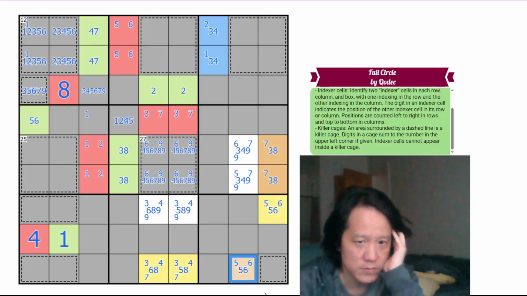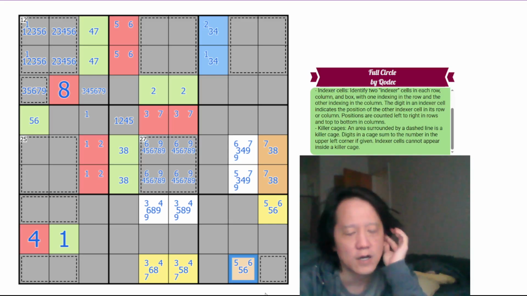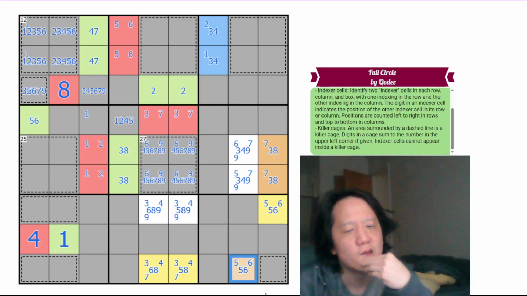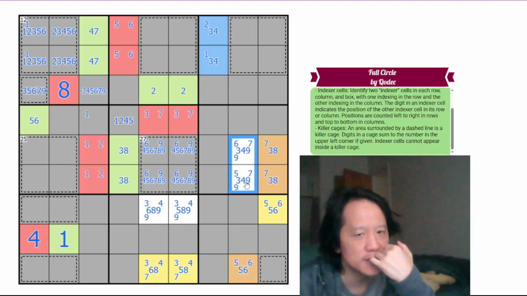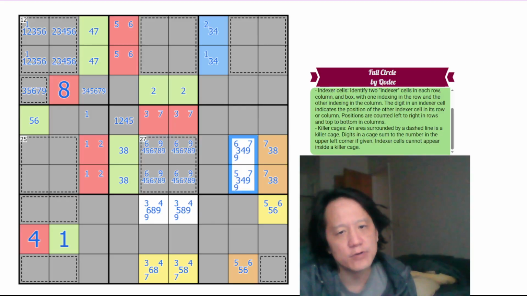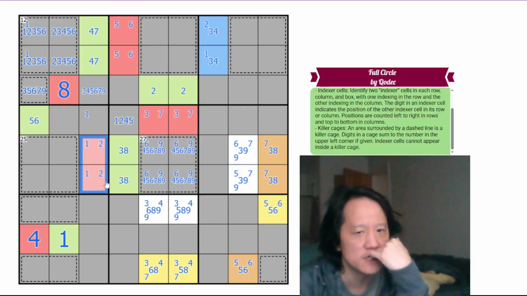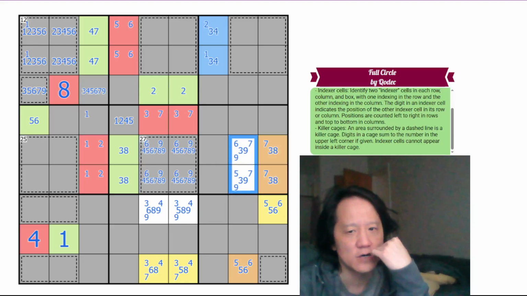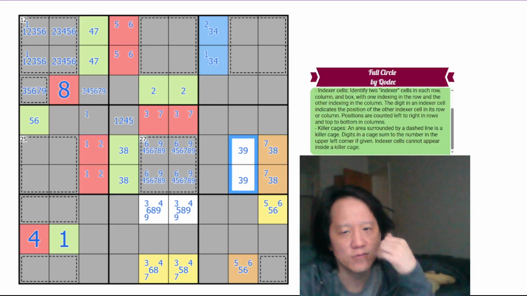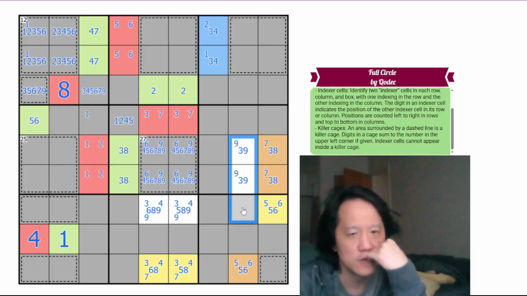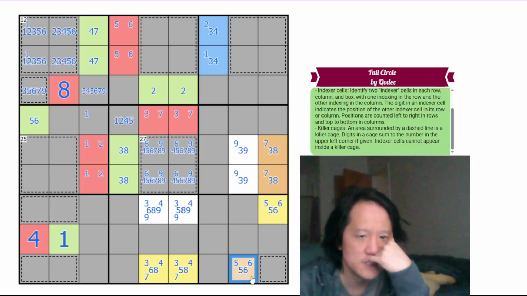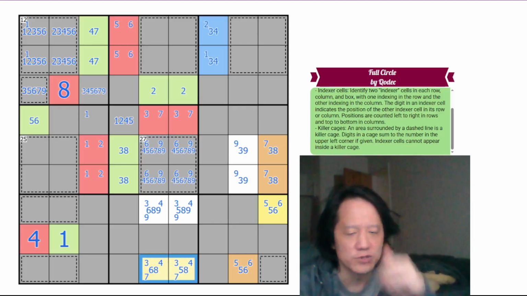Interesting. If this indexes row, again, it cannot be 4. It would have to be 3 or 9. If it indexes column, this has to be 9, I believe. Right? Yeah. If this indexes row, it's 8.